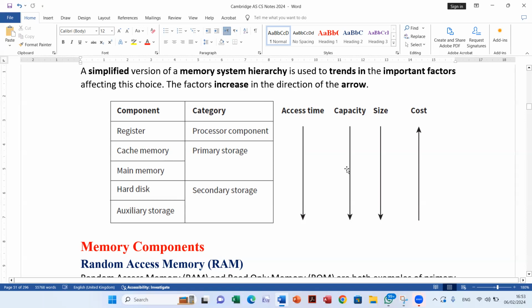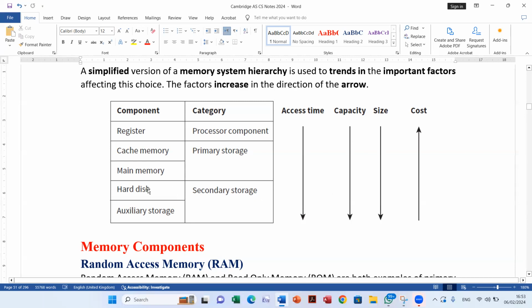Its capacity is bigger, its size is bigger. I wonder what is the difference between capacity and size, but the cost is moderate, cheaper. So the main memory is RAM. And the cache memory is something in the processor that holds frequently used instructions.